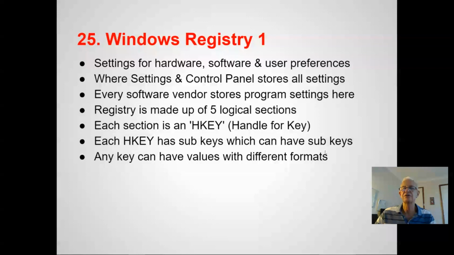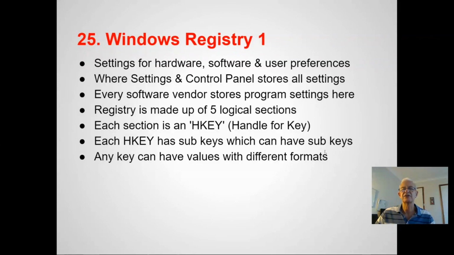So if you're not used to hexadecimal, it's actually to the base of 16. So you go 0 to 9, and then you go A, B, C, D, E, F, and F is the highest value in a hexadecimal system.